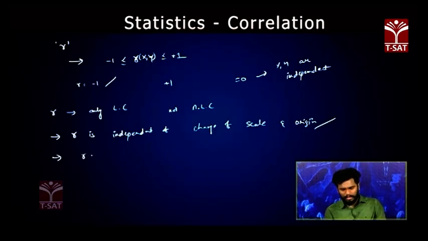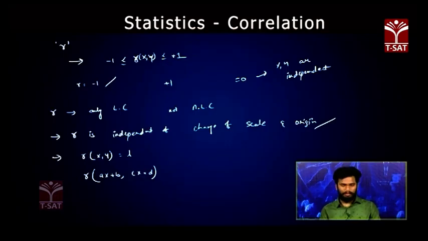Now, let us consider the r value. Let us consider r of x comma y is equal to L, that is the correlation coefficient between x and y, which is equal to L. Now, r of ax plus b, cy plus d. What will be the value of this? I have transformed my random variables x and y, that is a into x plus b and c into y plus d.